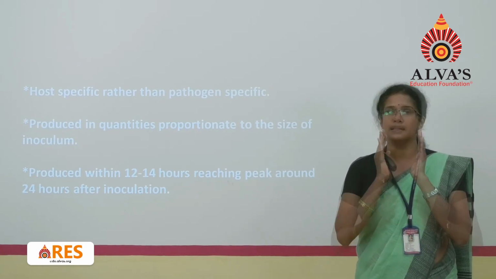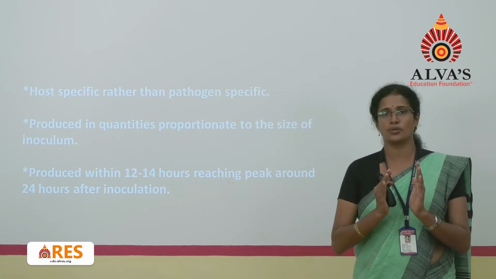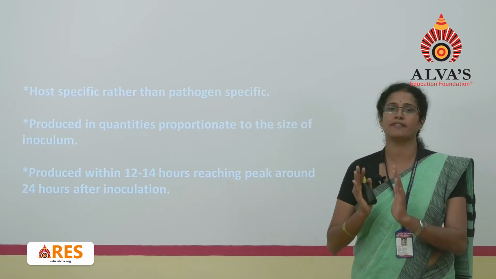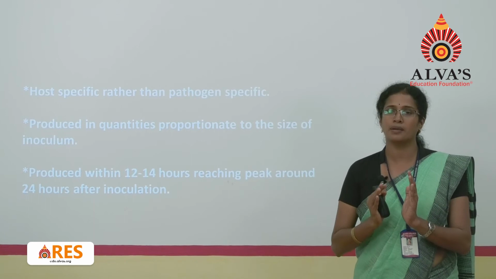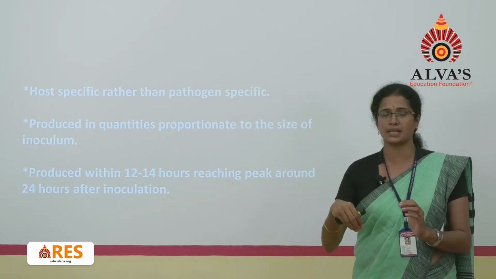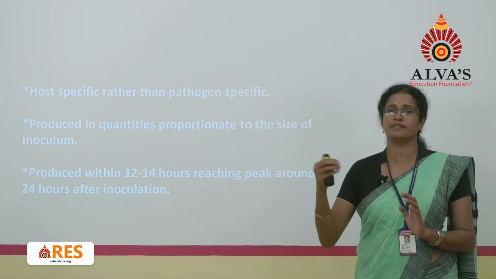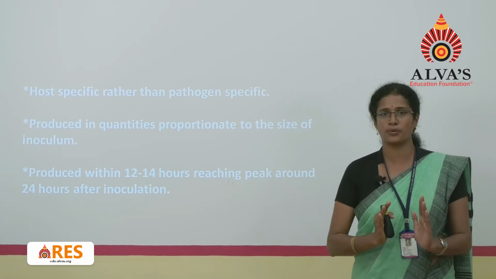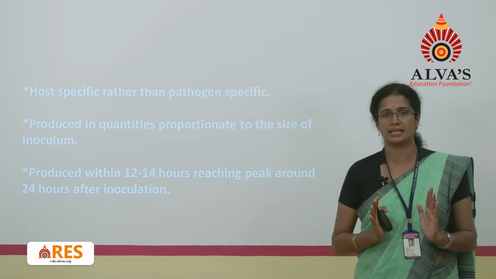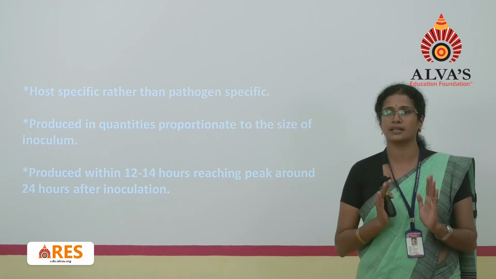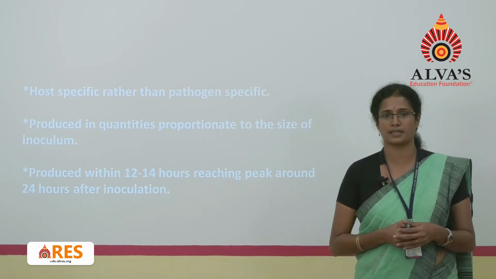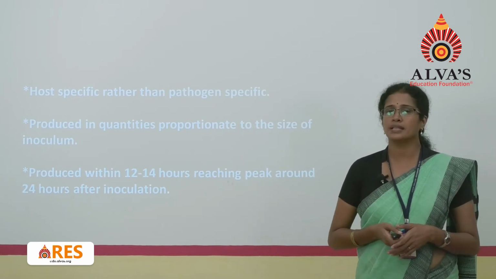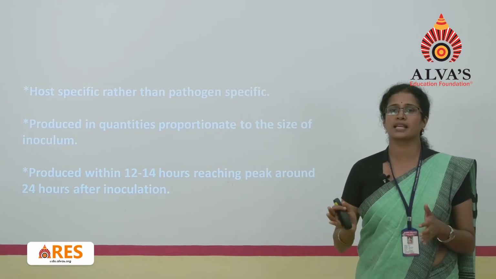What it means? The particular host produces a particular type of phytoalexin. It is not based on what fungi comes and attacks. Whatever the infection may be, the plant produces its own phytoalexin. So, it is called host specific rather than pathogen specific. It is produced in quantities proportionate to the size of the inoculum.